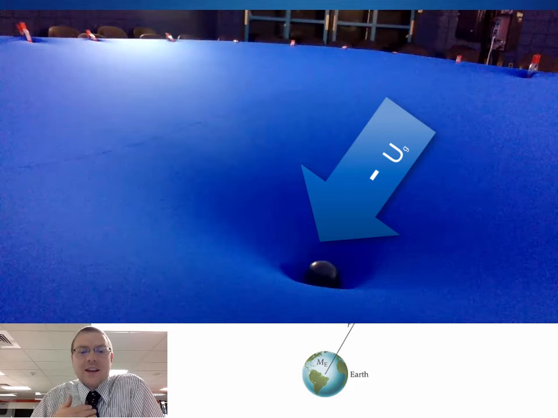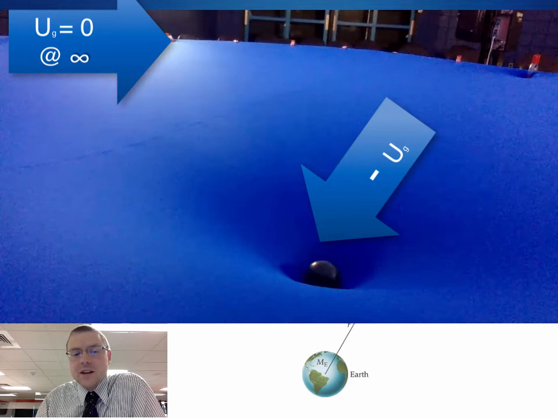In this case, the zero point, the place where you have no energy, remember, is at infinity. So if you get infinitely far away from an object, as you fall towards that planet, you gain more and more negative gravitational potential energy. I know it's not pretty, but that's just the way we've defined where our zero point is in space.